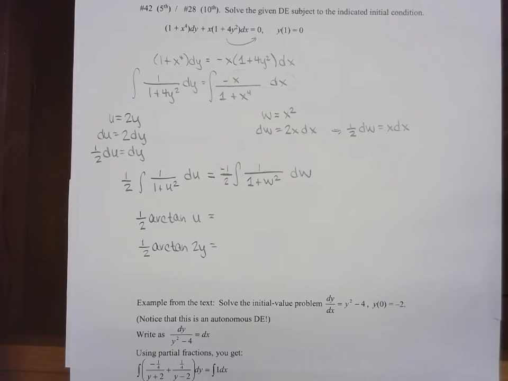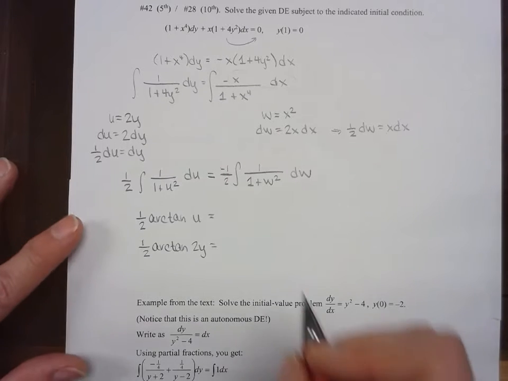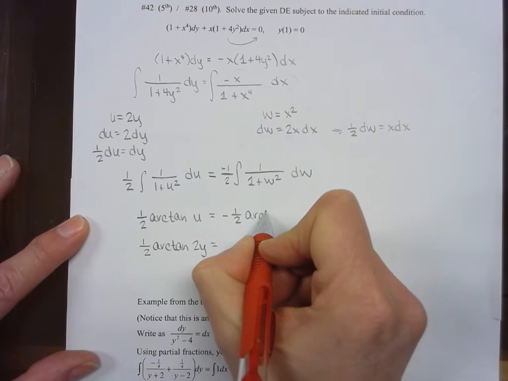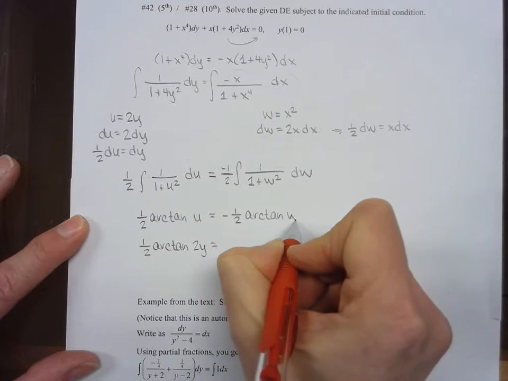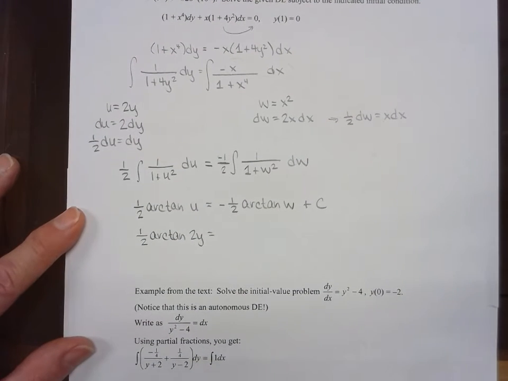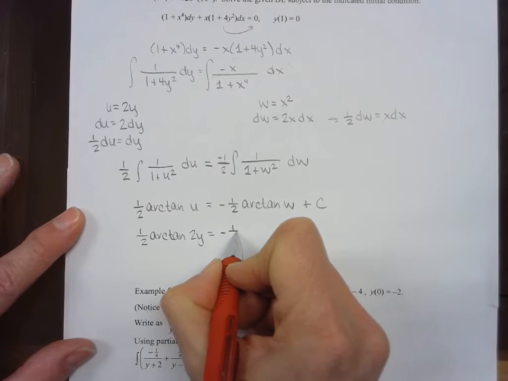So we get negative 1/2 arctan w. And then here's where I'm going to do my plus c, and then substitute back in for w.